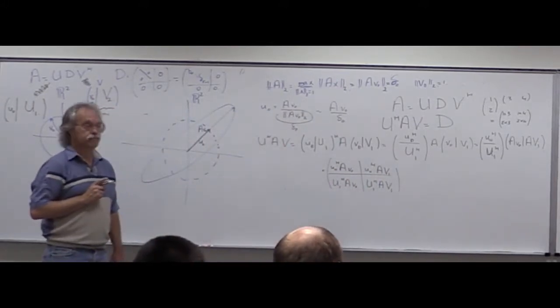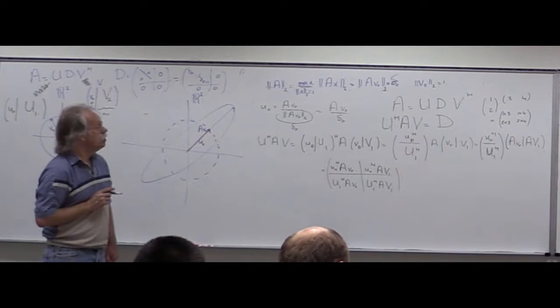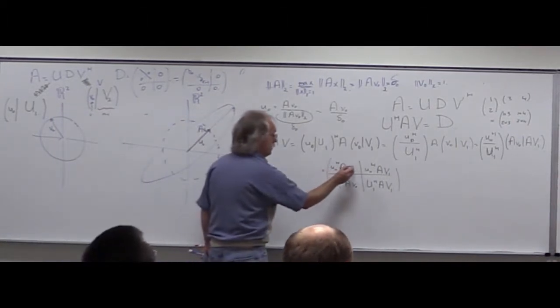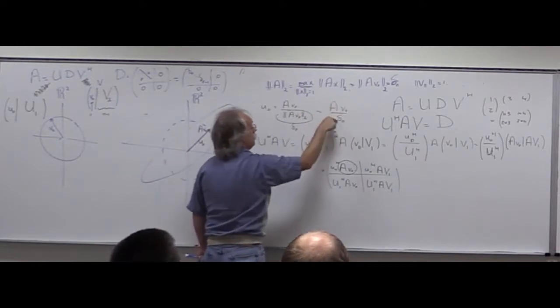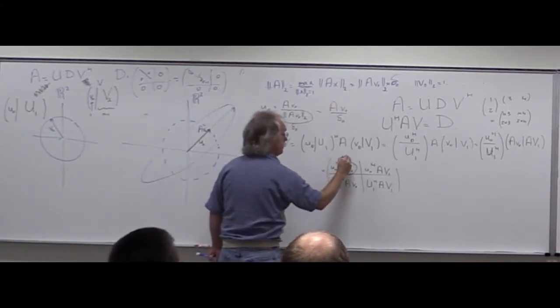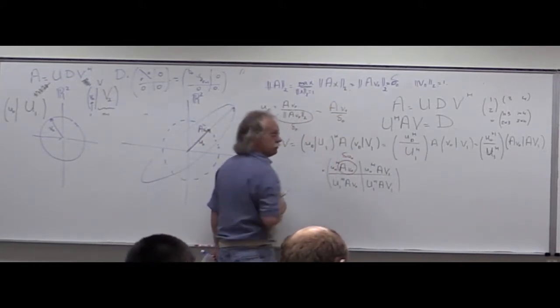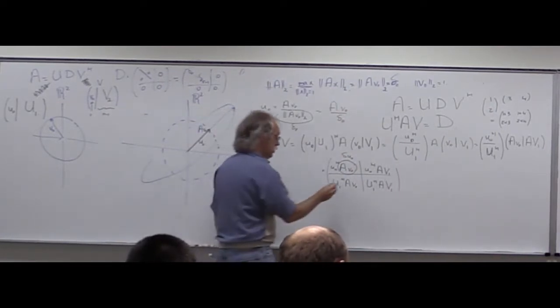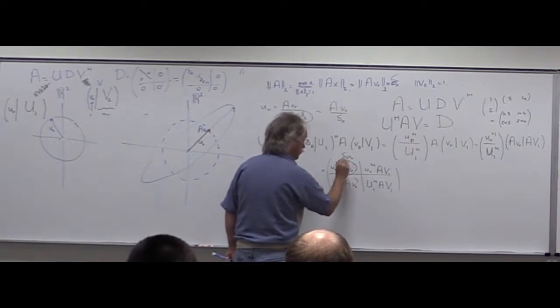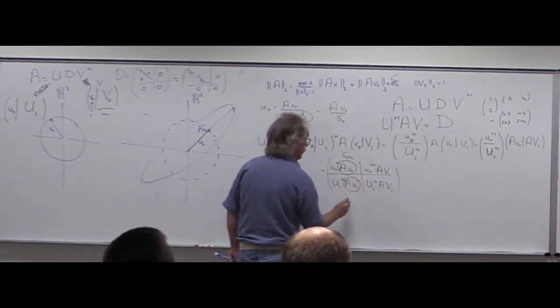Now, notice that this is this, which is then just delta 0 times U0. Which means that this is just delta 0 times U0.